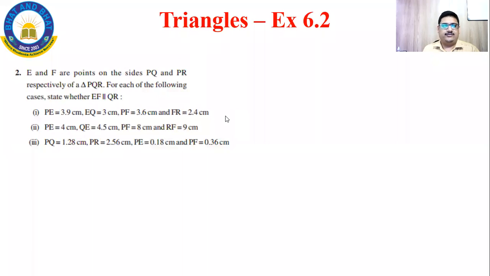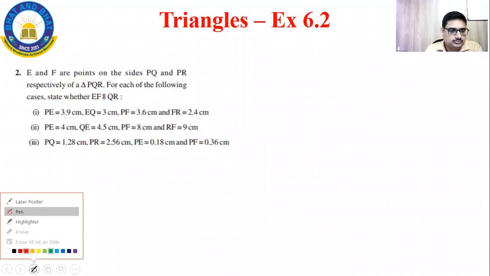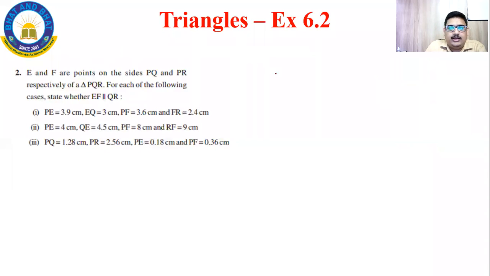So E and F are points on the sides PQ and PR respectively of a triangle PQR. So let us draw this. Let me draw the triangle first. I'll take triangle PQR.